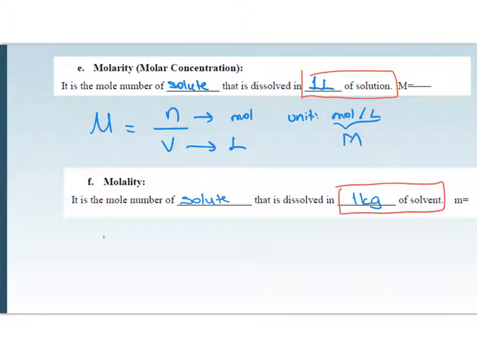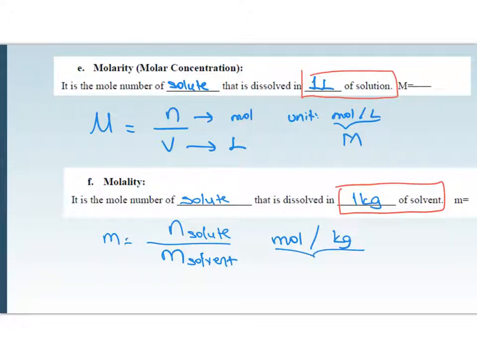And as a formula, molality is the mole number of solute over the mass of solvent in kilograms. So mole per kilogram can be its unit, but usually we're going to write it as a small m here, meaning molal. This was molar and this is molal.